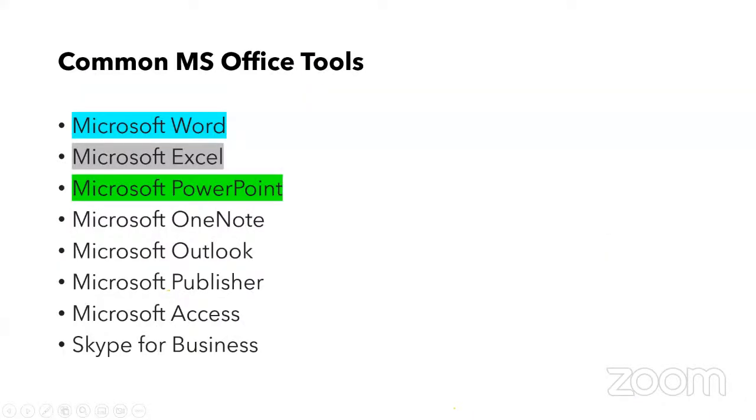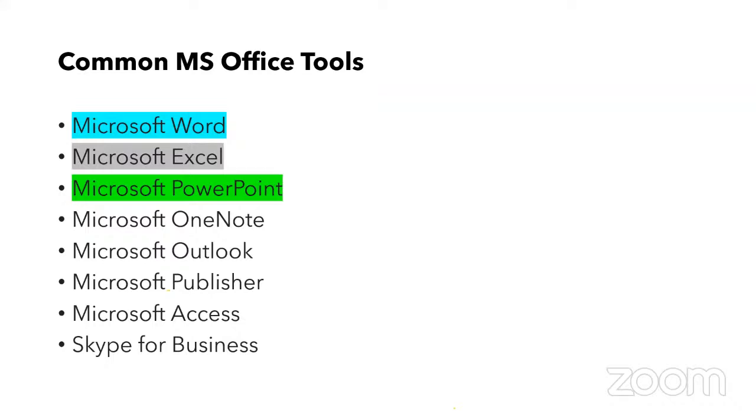So can everybody see my screen? Yes, I can see it. I hope they can also see it. Okay, so essentially, I've written common MS Office tools, and I've highlighted three of them.